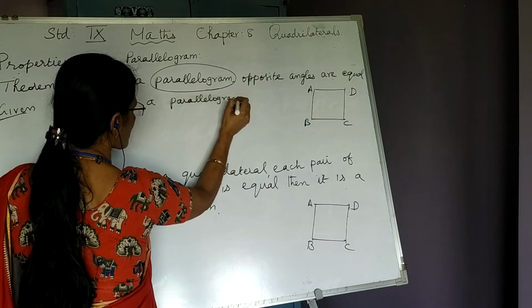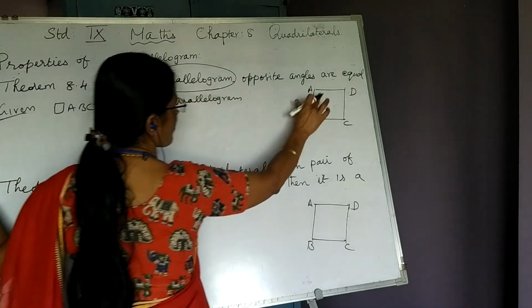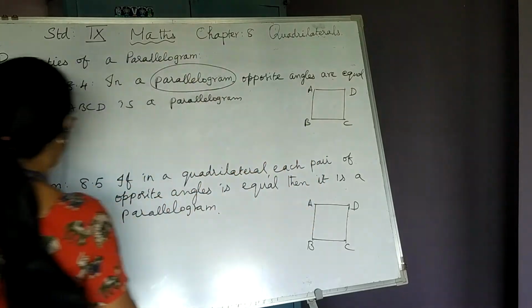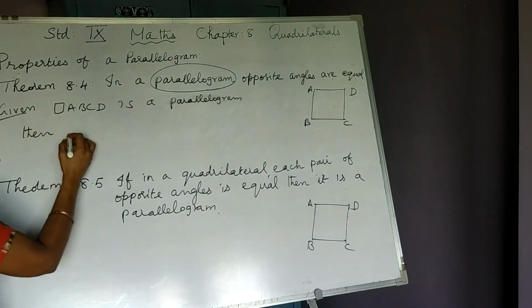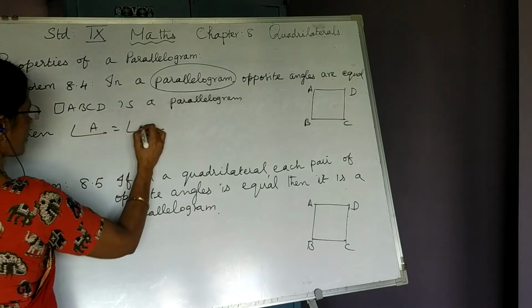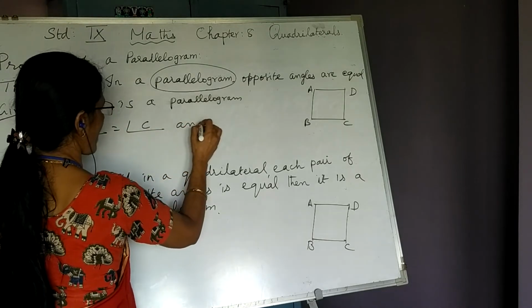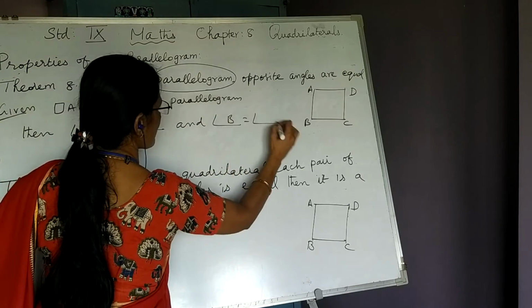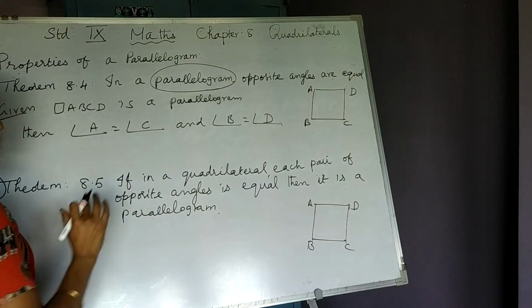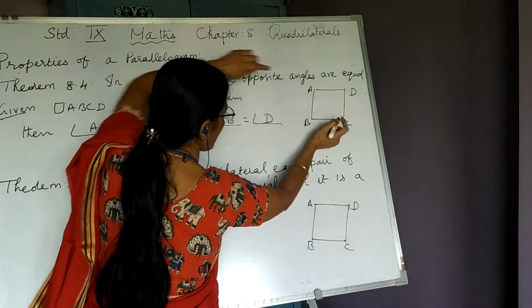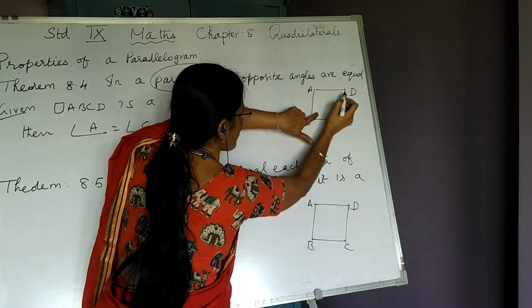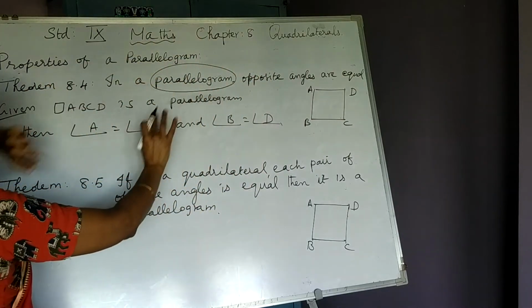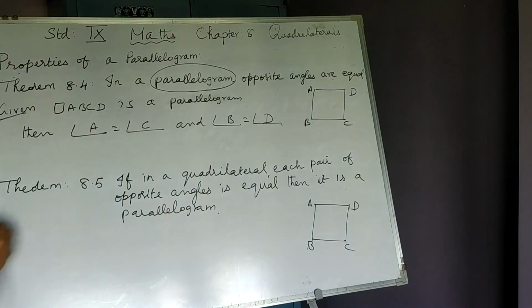The statement says that in any parallelogram, we will find opposite angles are equal. So if ABCD is a parallelogram, then angle A equal to angle C and angle B is equal to angle D. So if you are given it is a parallelogram, definitely these two angles will be equal, opposite angles, and angle B is also equal to angle D. That is the next property.